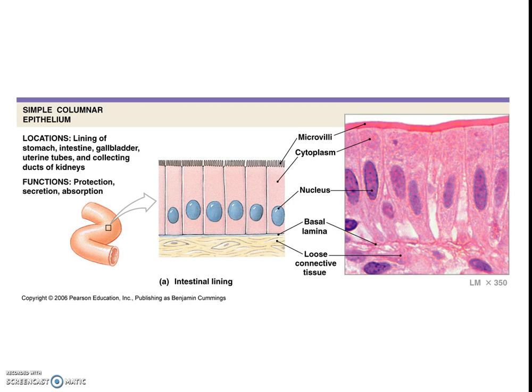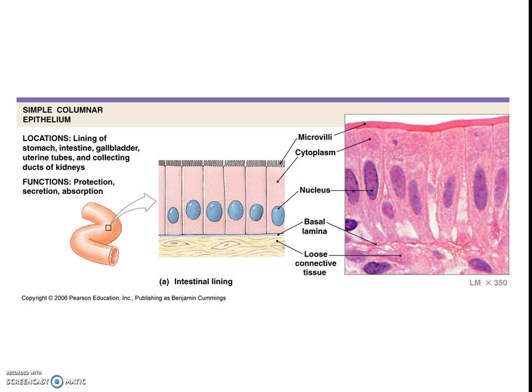Now, we see these type of cells usually in areas that have a lot of friction, so they need to be thick to keep that friction from just breaking down the cells. And also in these areas where we have quite a bit of cell activity as far as things either being absorbed into the cell or secreted from the cell, or even both in certain situations.